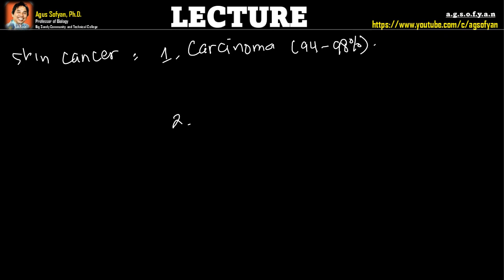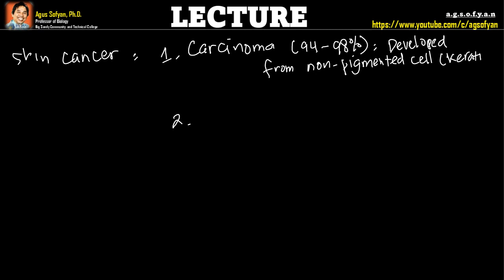So this is the skin cancer that develops from non-pigmented cells, which are mostly the keratinocytes. Okay, remember keratinocytes do not have pigment, so these are non-pigmented cells.